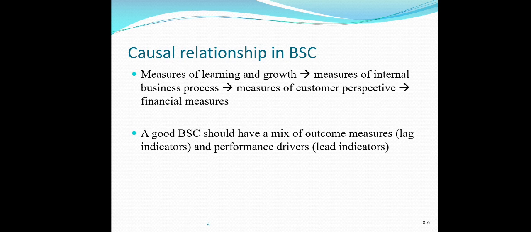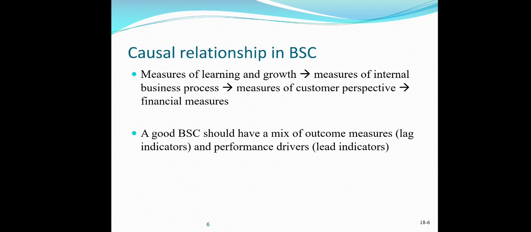So if you use balanced scorecard to understand how a business can achieve good performance, then you will say that the first thing to do is to improve the workers' ability, and this will cause the internal business process to become good.